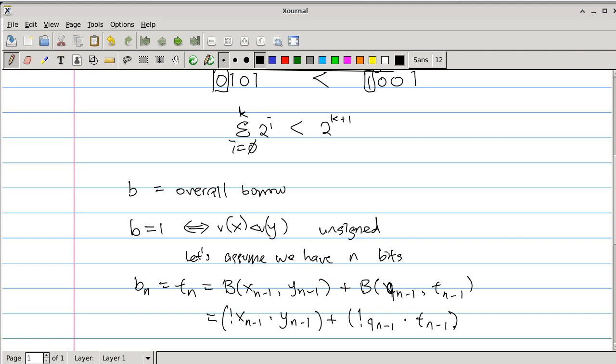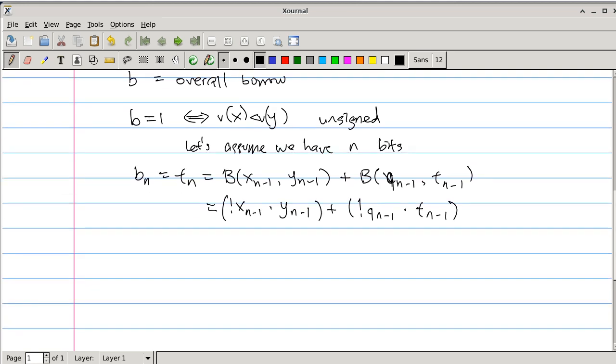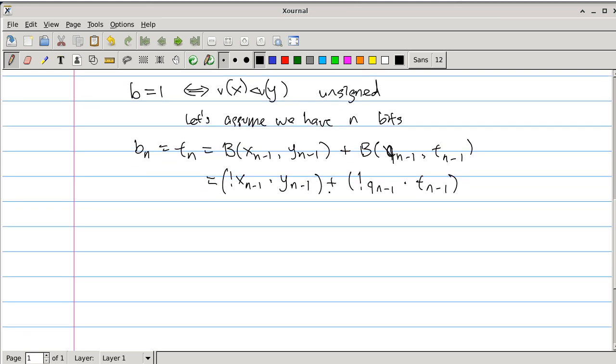Yeah, okay. So I look at this and say, well, this is an or, which means if at least one side is a 1, then we have an overall borrow of 1, right? So what does it mean when I have an overall borrow of 1? Well, we got two ways to make it true. So we can say, what if this is a 1?